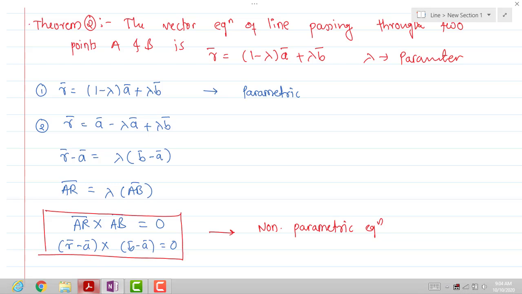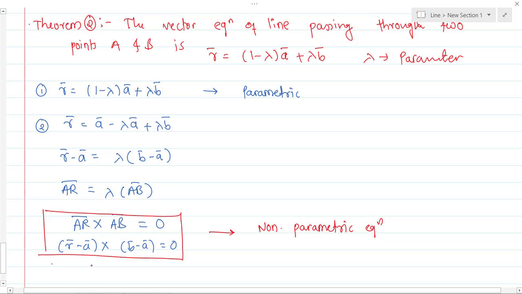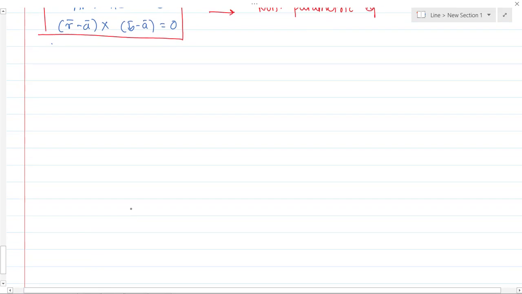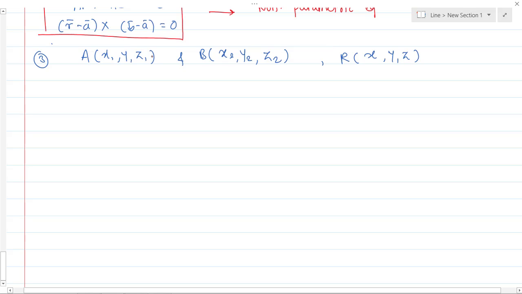Now let's try to get the third form, which is the Cartesian form. Okay, and we know that this line is passing through the 2 points. Let A have the coordinates x1, y1, z1, and B is another point x2, y2 and z2. And let r be any point on the line, so it is x comma y comma z, which is unknown. Now let's see what I will get.